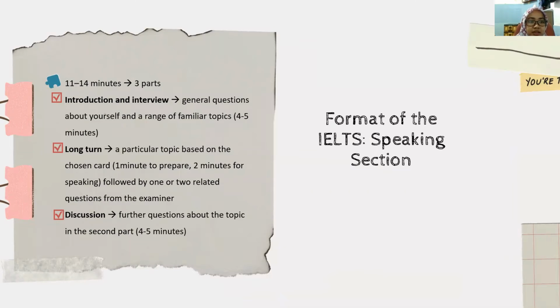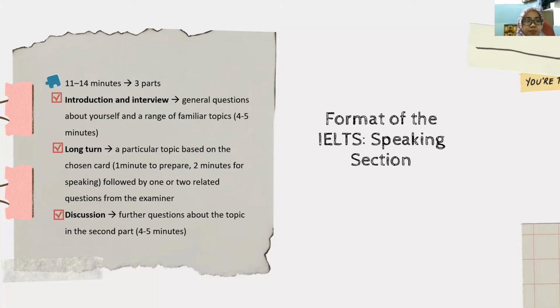For the speaking section, it takes approximately 11 to 14 minutes to complete the speaking test. This section is divided into 3 parts. The first part is introduction and interview, where you will be asked about yourself and a range of familiar topics through general questions. This will last for 4 to 5 minutes.